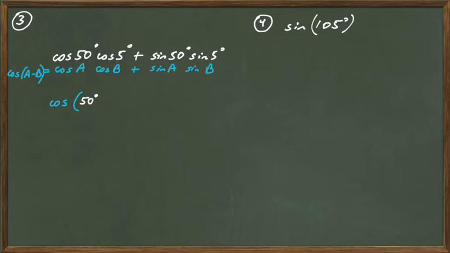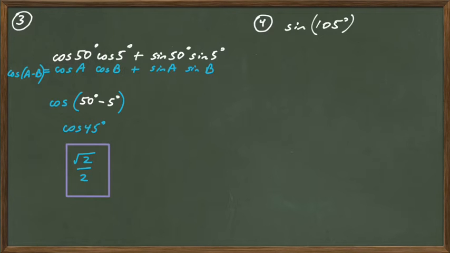Because one of those is on our trig table, the other is not. 55 degrees is not on our trig table. 45 degrees is, and the cosine and sine of it would be radical 2 over 2.